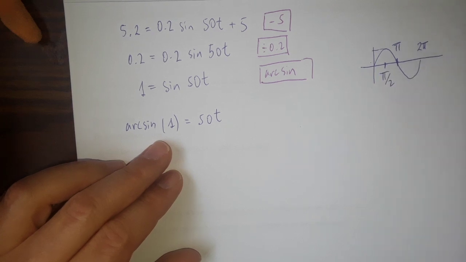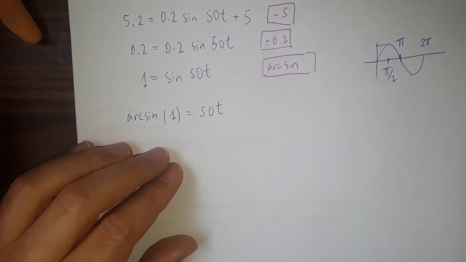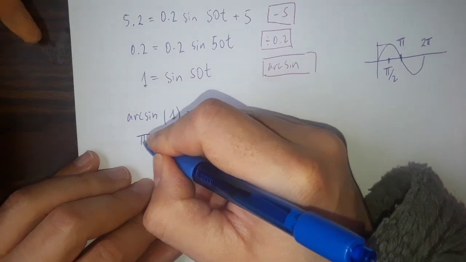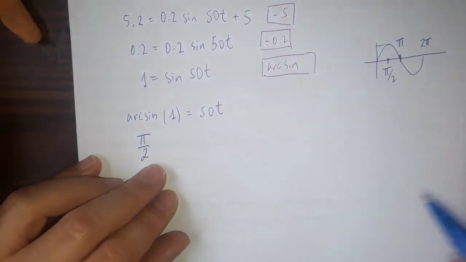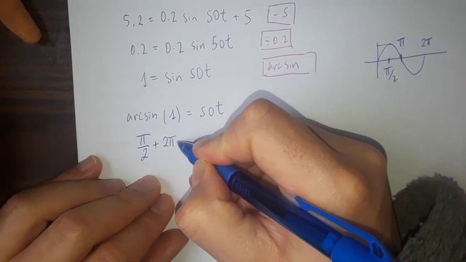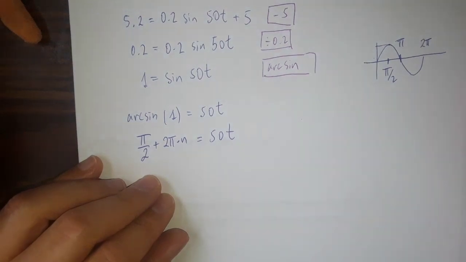You can also use a calculator if you wish. So that would be pi over 2, but it repeats every 2 pi, plus 2 pi times n equals 50t.